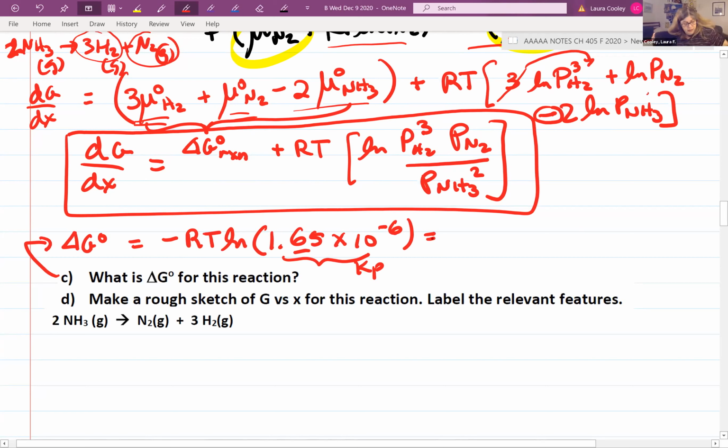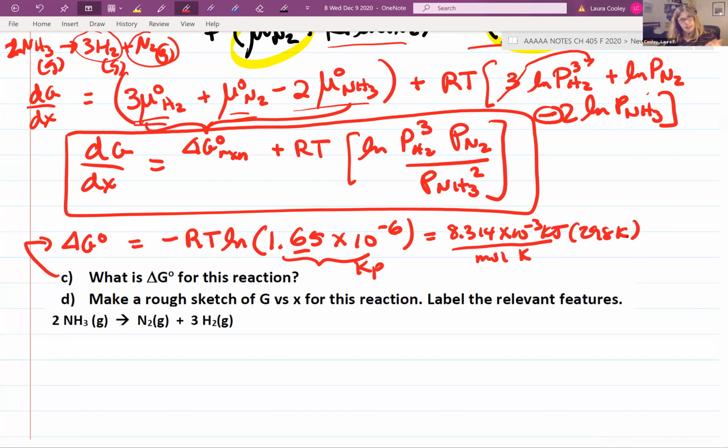So just to be sure, this is 8.314. I would use this in kilojoules per mole Kelvin, 298 Kelvin. I don't know if I even mentioned the temperature in this problem. I did as 298, but if I didn't, you'd assume it was 298 unless told otherwise, times the log of the K.